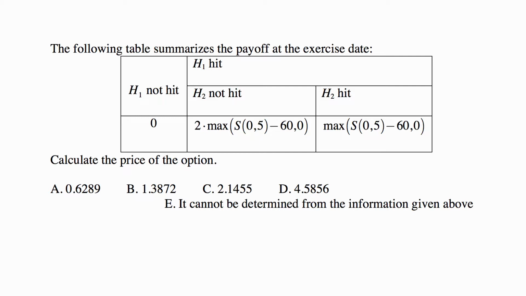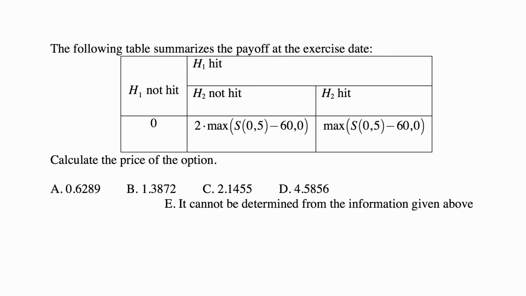Once H1 is hit, if H2 is not hit, then the payoff is 2 times the maximum of the price of the stock minus 60, which is normally the payoff of a call option, but it's knocked in at level H1, and it's twice the regular call option payoff.